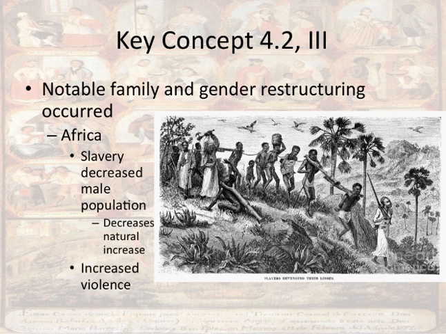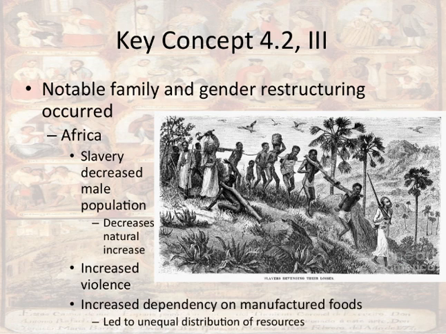It also leads to increase in violence because the African clans are vying for position against one another. It also increases the dependency on manufactured goods, which leads to an unequal distribution of resources, which leads to an unequal distribution of wealth. Man, this is depressing.